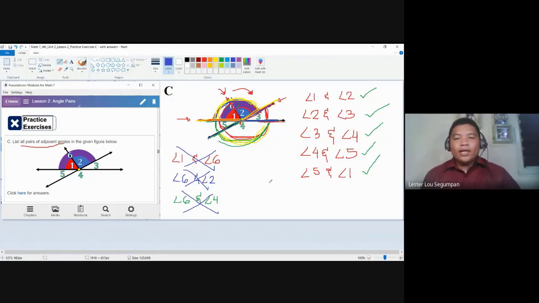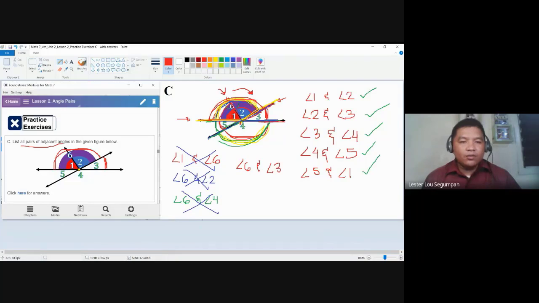So what angle is to be paired with angle 6 that could be considered an adjacent angle? Take a look at angle 6 and angle 3. Angle 6 is here in this figure. Angle 3 is here. They do not overlap.